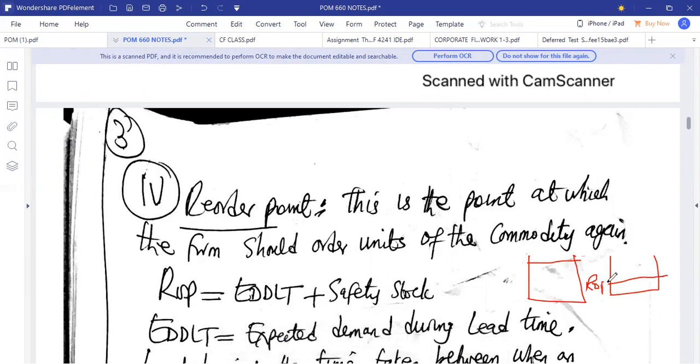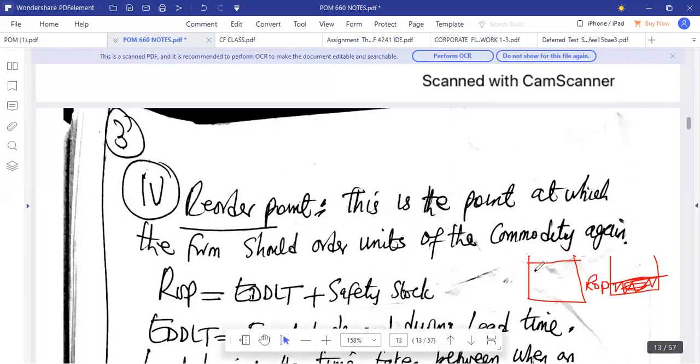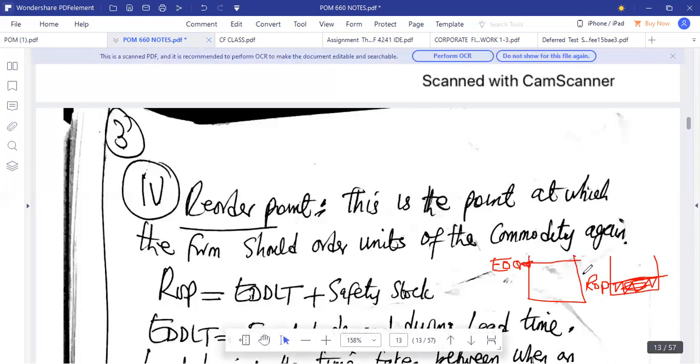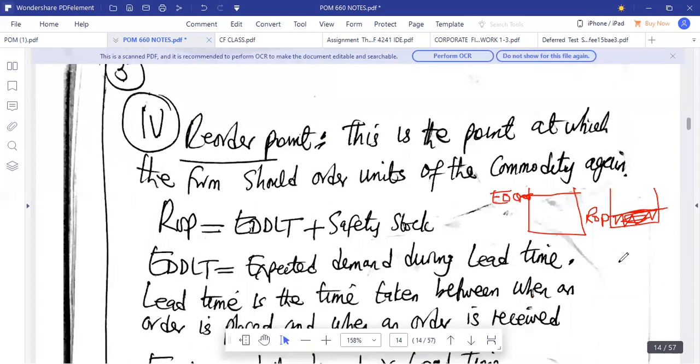When it reaches this level, you need to order the bag of mealie meal again. We have ordered the economic order quantity, and when the mealie meal falls to this level, you order again.